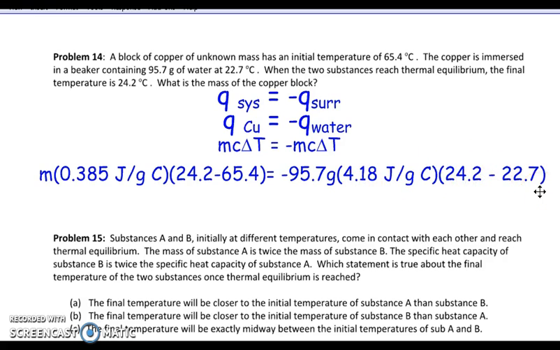So this is a pretty straightforward problem. I multiplied these 2 terms together, and then I divided. So why don't you pause this, do the math, and see what you get.